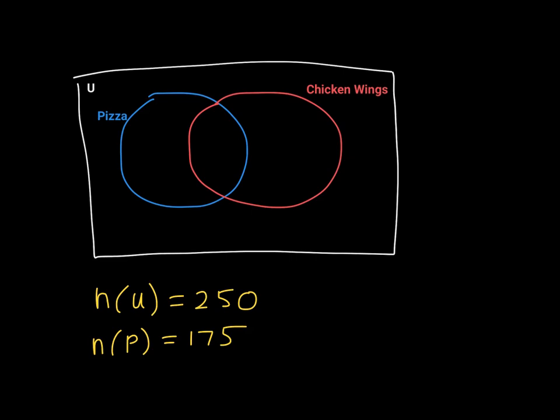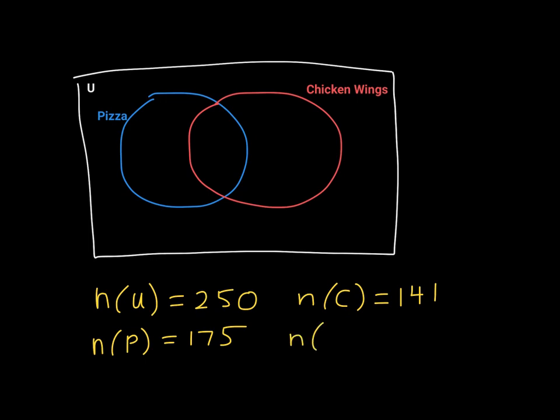They also told us that the number of people who purchased chicken wings is 141. So I'm going to use capital C for chicken wings, 141. Now, of the 250 customers, 80 of them purchased both pizza and chicken wings.